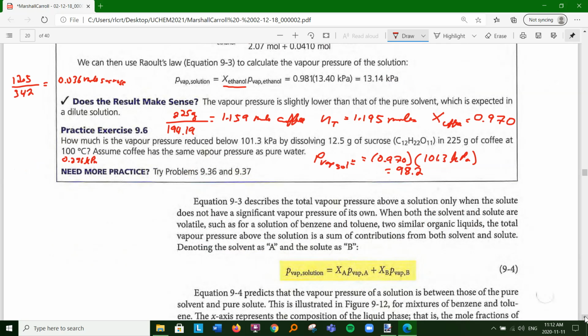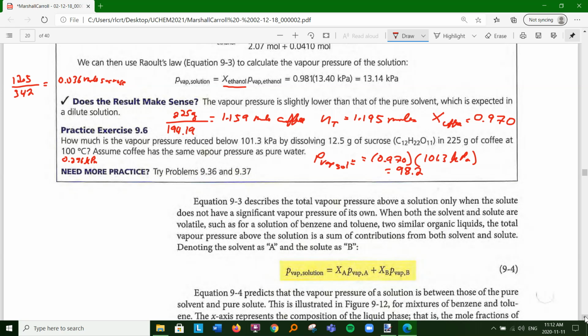Now, the equation that we just looked at, Raoult's law, works if the solute itself doesn't have a significant vapor pressure, right? Sugar doesn't have much of a vapor pressure. You don't smell a bunch of sugar vapor above solid sugar.